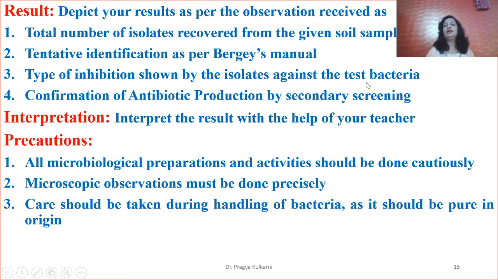These are the results from the primary screening: the name of the bacteria, and whether the given actinomycetes culture is showing total inhibition, growth retardation or no inhibition. After that comes the confirmation of antibiotic production by secondary screening. All those results are depicted in these 4 observations.